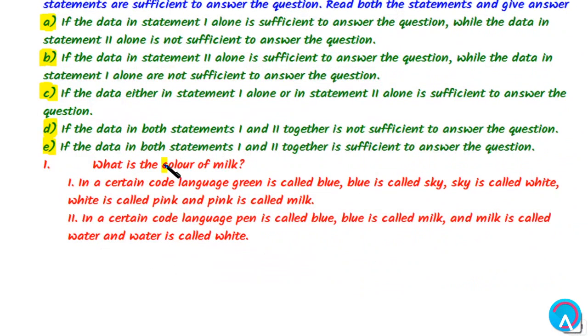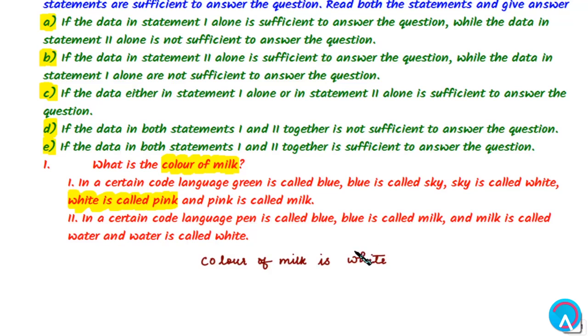Here we have to find the color of milk, and from the first statement, the color of milk is white, and from the first statement, white is called pink.